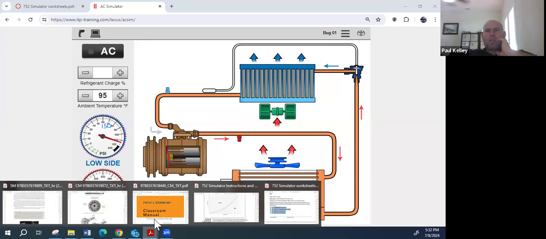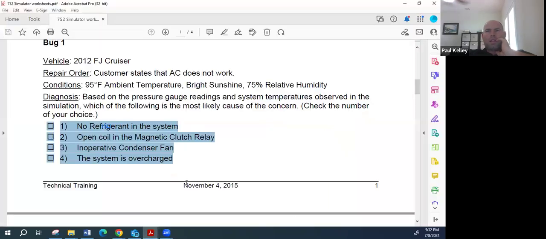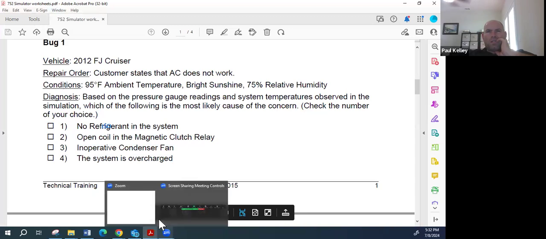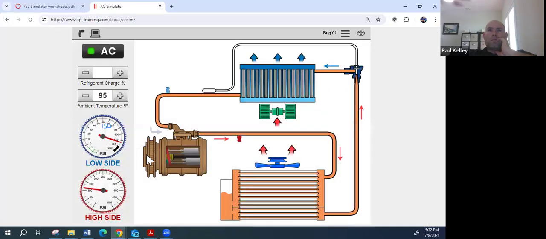Now let's take a peek at those other possibilities, just as a reminder, right? So you could look at those and say, oh, okay, all right. Does it seem like it's overcharged? We were expecting 150 and it's only got like 113, so definitely not overcharged.